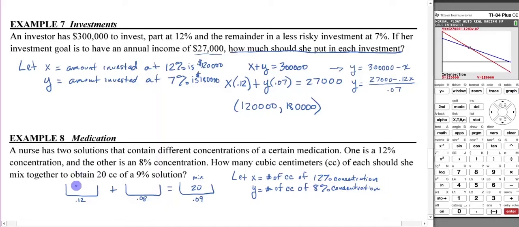So the thing that we would put inside here, which is the volume, that's going to be our x. This is going to be our y.